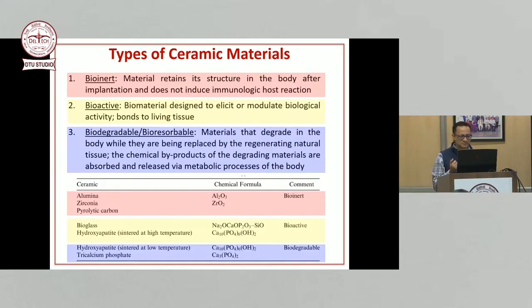Now it becomes a problem. For bio-inert material, alumina and zirconia are good examples. Bioglass and hydroxyapatite are bioactive, and hydroxyapatite can also be made biodegradable when you are processing it. So it can go as bioactive or biodegradable.